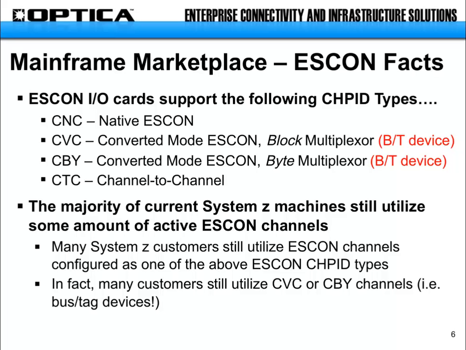You may find that hard to believe, but statistically speaking, from our installed base and our customer base, I would say those are relatively accurate figures. So many bus and tag devices that are still important to your business may still be in use today. So don't feel like you're standing alone if you have ESCON or even bus and tag devices still in use.